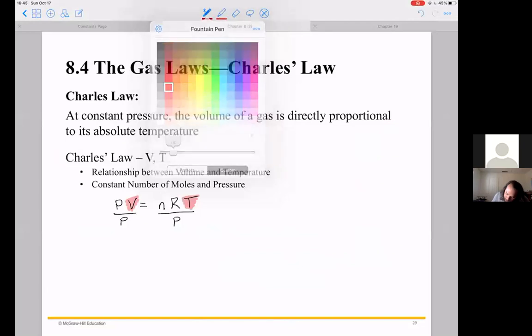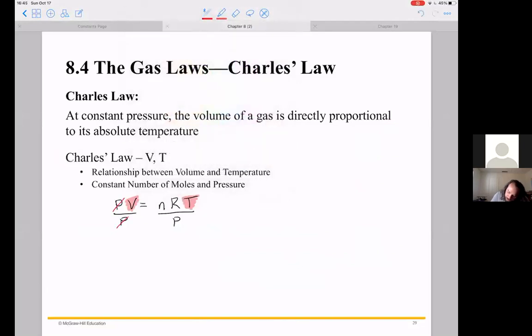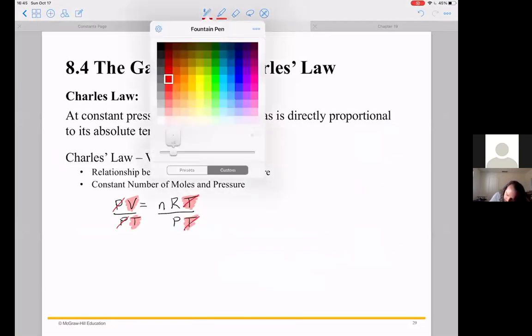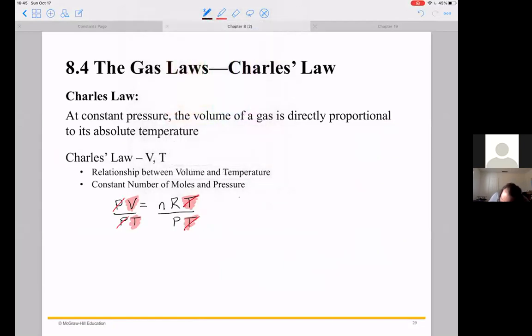So this would cancel out pressure over here. We want to put our variables on the other side. So temperature would be nixed out over here. And we would get this relationship V over T equals NR over P.